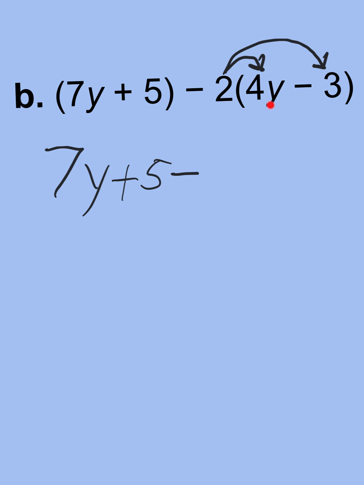So we have 2 4-packs of cheeseburgers and 2 fries. So I need to do 2 times 4y, that's 8y. And now I have 2 of these minus 3s, so I have minus 6. I multiplied by 2.